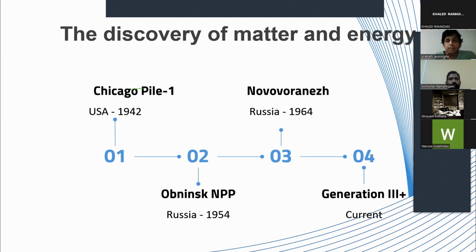And the first WWER reactor, which I told you about earlier, is a water cooled and water moderated reactor. The first one was built in a Russian city called Novovoronezh in 1964. Currently we have generation 3 plus going on, and mostly the reactors we are using now are WWER reactors.